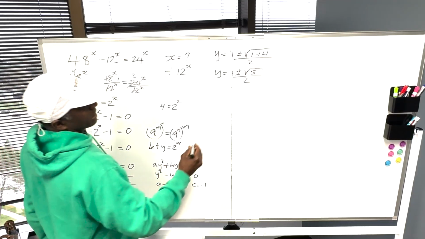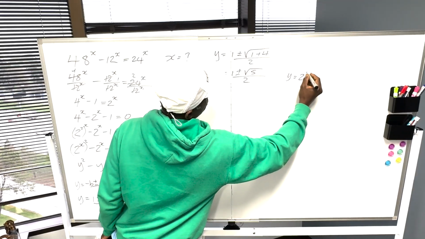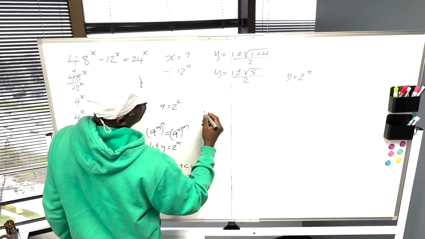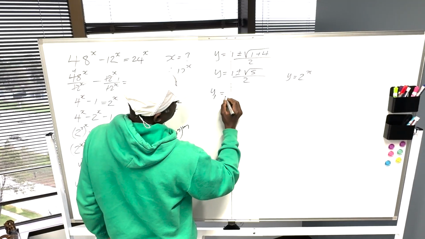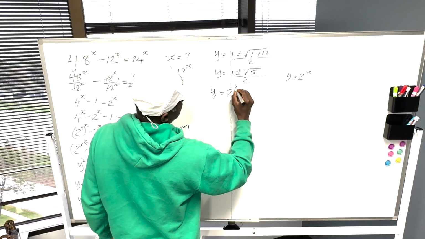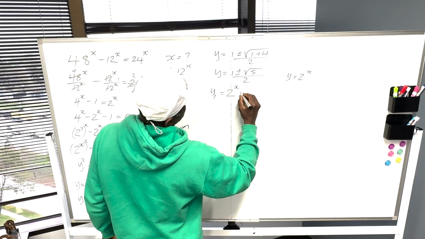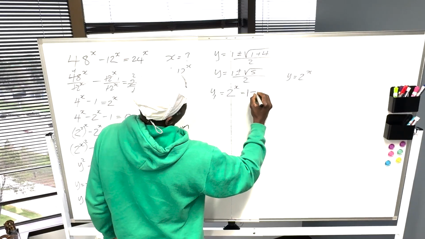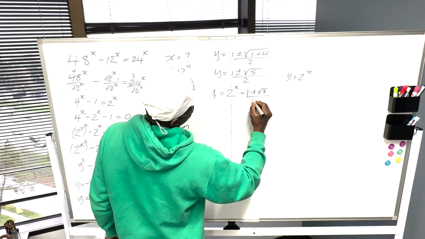Let's recall that y is equal to 2 to the x. Therefore, we have two terms. We have y1, which is 2 to the x, equal to 1 plus square root of 5 over 2.